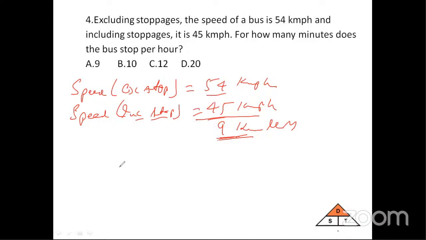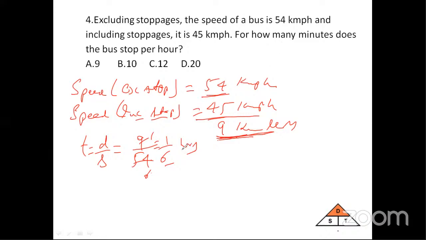We know time is equal to distance by speed. The distance we need to calculate is 9 kilometers, and the speed was 54. So 9 by 54, we get 1 by 6 hours, because 9 sixes are 54. But the question is how many minutes?